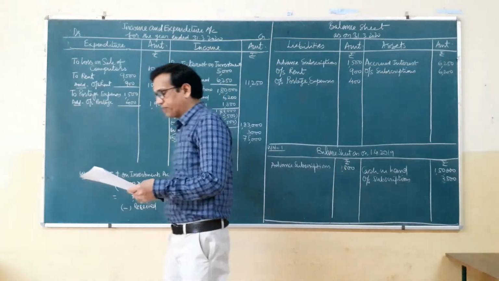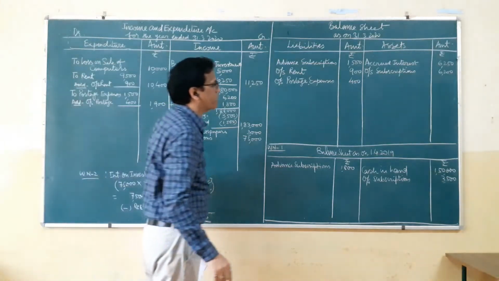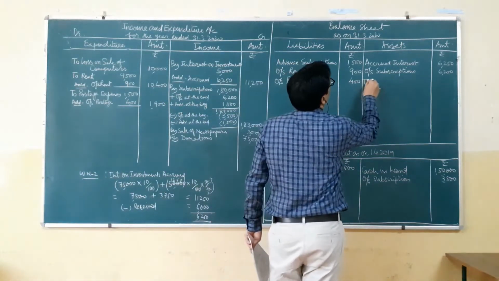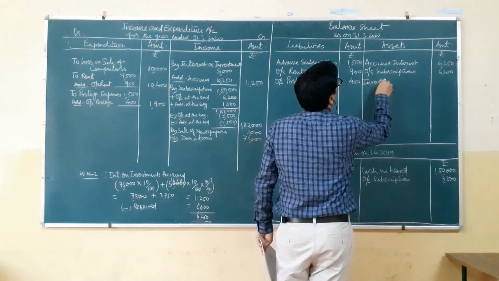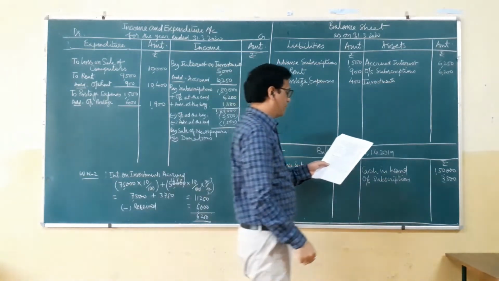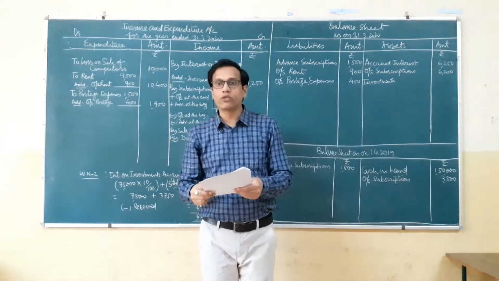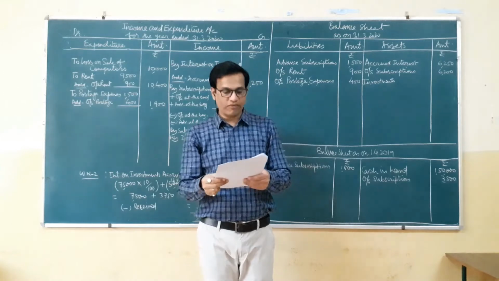The next is by 10% investments purchased, they are our assets. So we write here. While writing, we will go to the additional information. There we find point number 4. The book value of investments on 1st April 2019 was 75,000 rupees.